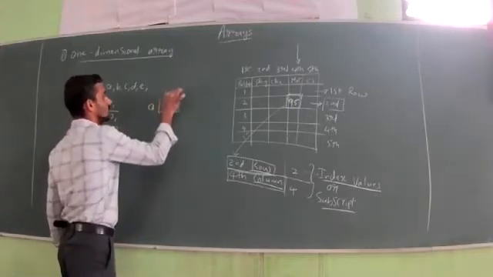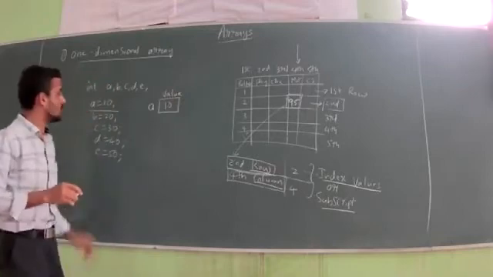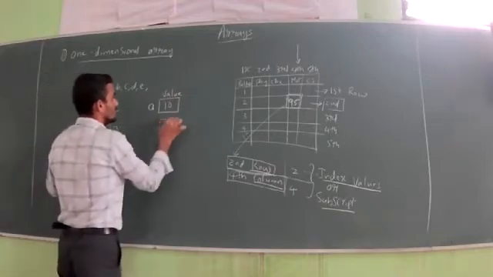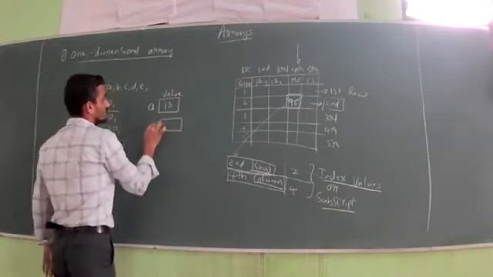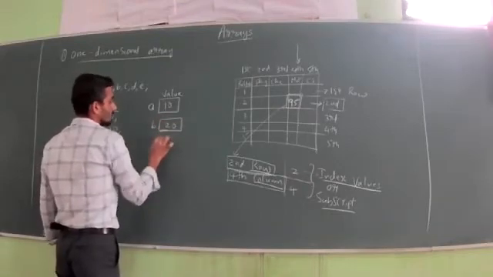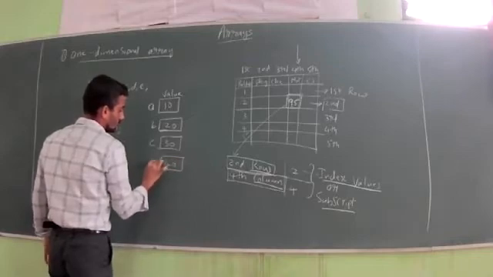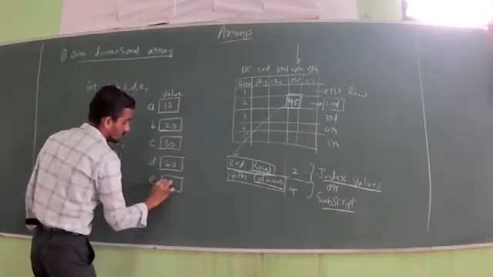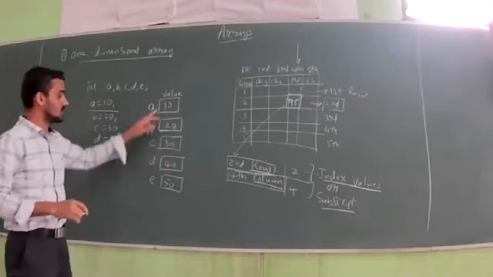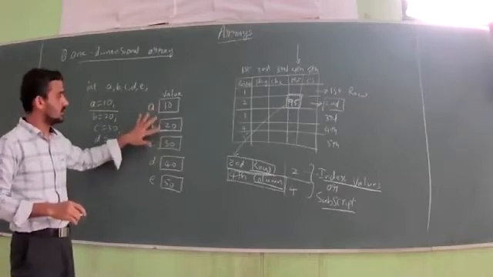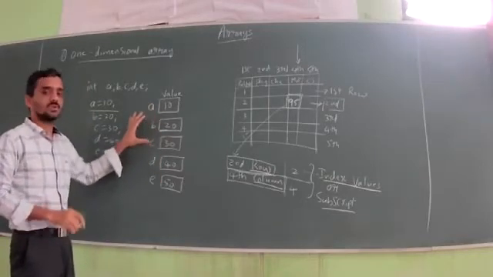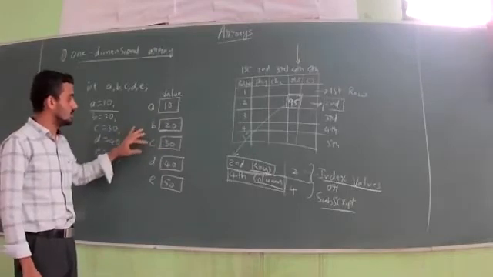Similarly for B, this is the memory location for B and 20 is the value. It's the same for C, 30, and D, 40, and for E it is 50. So 10, 20, 30, 40, 50 are the values stored in variables A, B, C, D and E respectively.